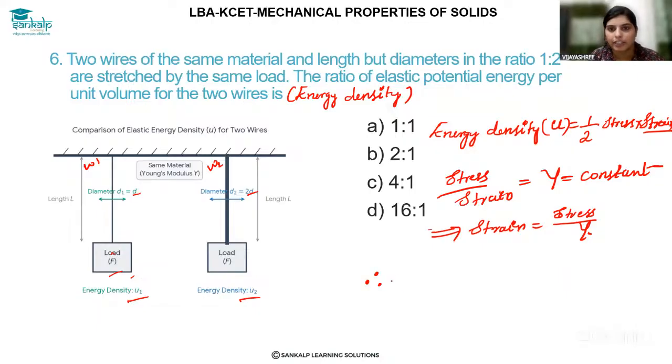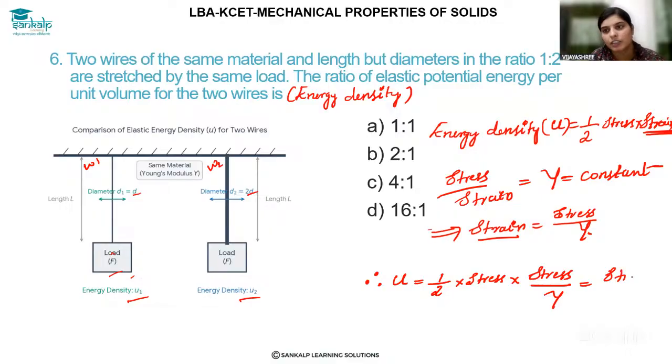Therefore energy density U is equal to half into stress into, in place of strain, stress by Y, which is equal to stress into stress, that is stress square, divided by 2Y.